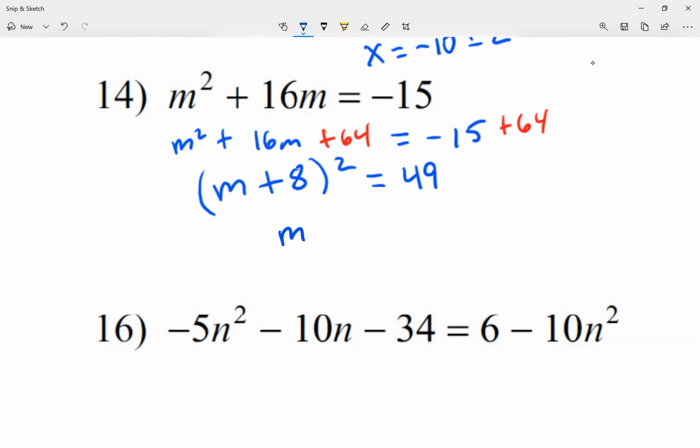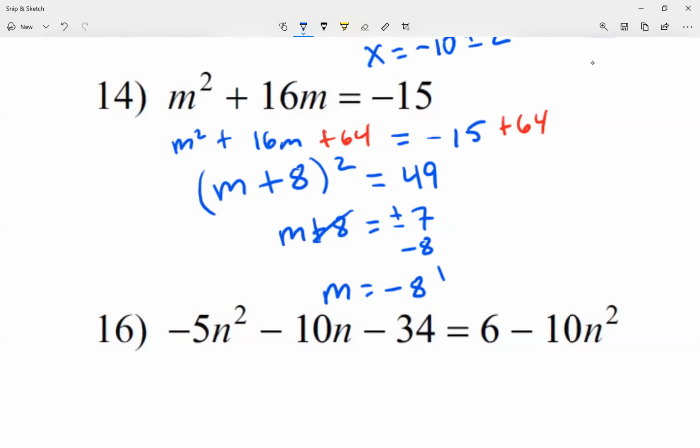I want m plus 8 by itself is equal to positive or -7, right? The square root of 49 is 7. Well, positive or -7. The +8, let me move it over as a -8. So I have that m is equal to -8 plus or minus 7. That's exactly what I'm going to use for my answer.